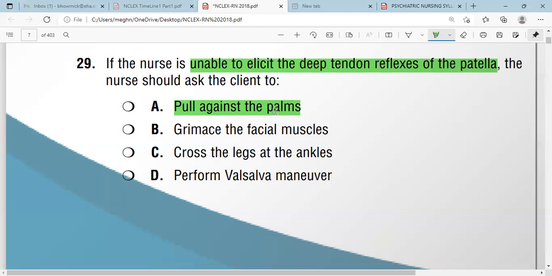And this, number A, helps the client to relax the legs and makes it easier to get an objective response. So answers B, C, and D will not help with this test. Facial muscle, crossing the legs, and Valsalva maneuver are not related to the deep tendon reflex of the patella or knee jerk.